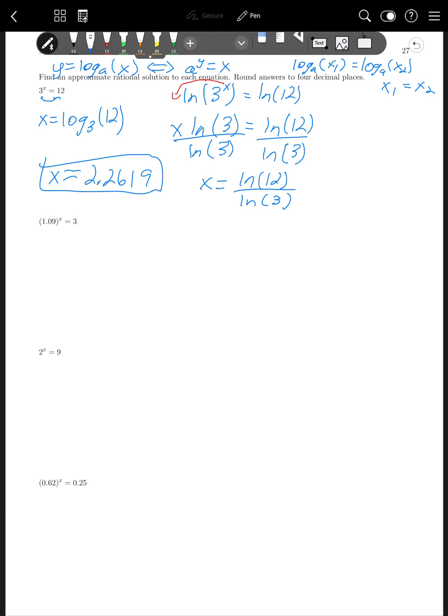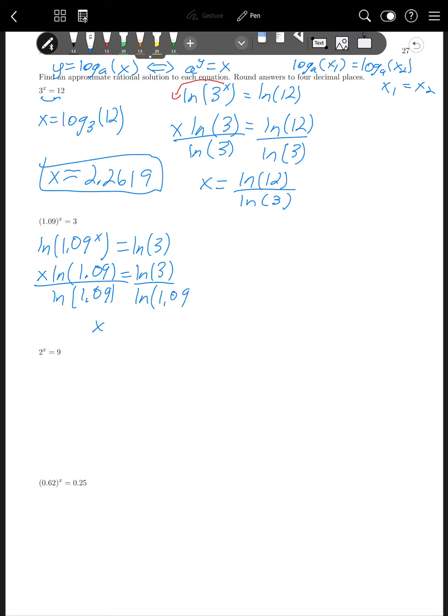So let's go ahead and try another one using this second method over here. So this would be the natural log of 1.09 to the x equals the natural log of 3. Then we bring the x out in front, so that would be x times the natural log of 1.09 equals the natural log of 3, and then divide by the natural log of 1.09.